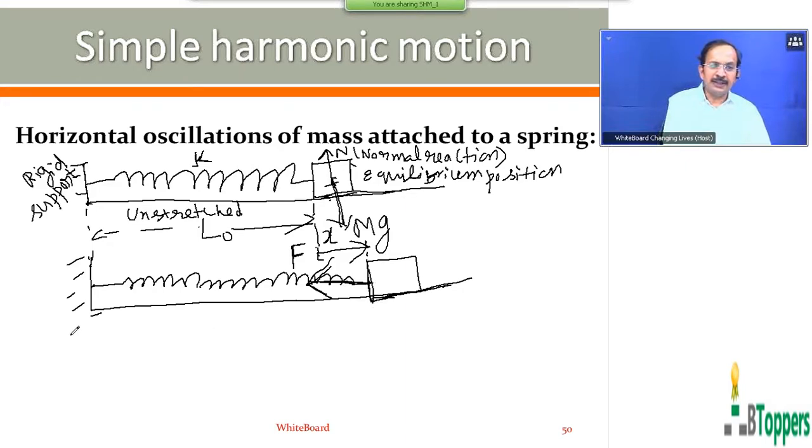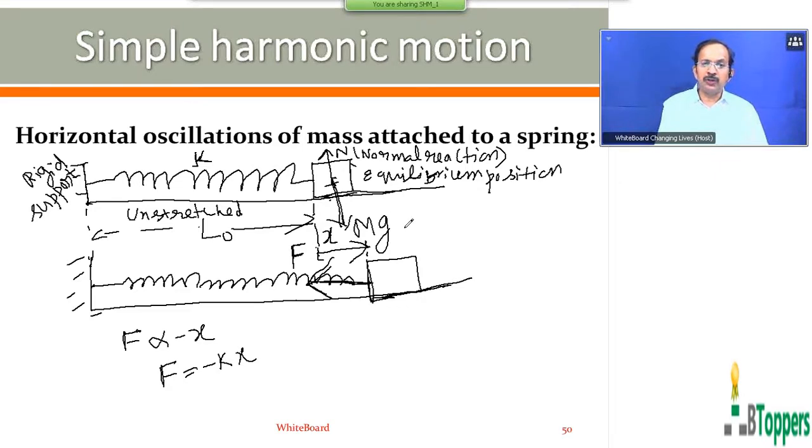Let F denote the elastic force exerted by the spring on the block. If the spring is an ideal spring, then this elastic force is proportional to the elongation of the spring from its natural length. From the figure, you can observe that it acts opposite to the elongation x from the natural length. So we can write F proportional to minus x, or F equal to minus kx. Here K is the elastic force constant of the spring.